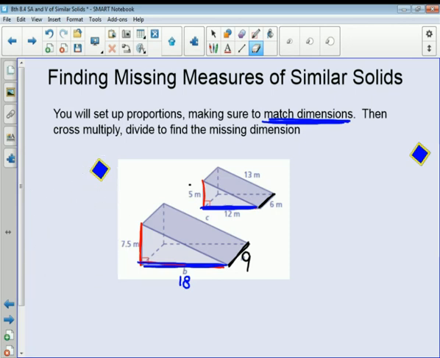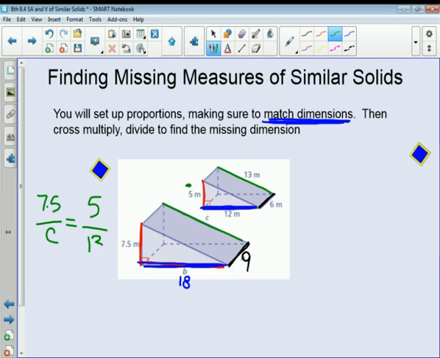So I'm still going to use my 7.5. And this time we'll go over C because I want to figure out C. And that is equal to, well, the 7.5 is equal to this 5 over C is the same as 13. Okay, we'll cross multiply divide 13 times 7.5.